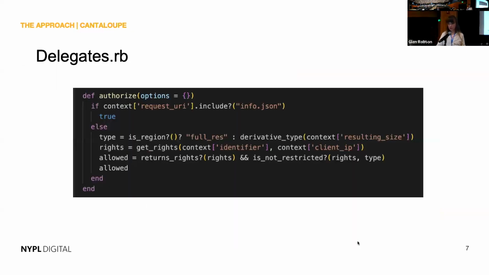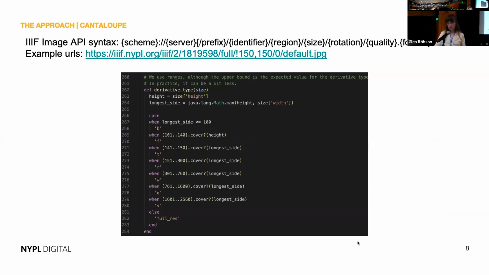We use this in our Cantaloupe server. There's a delegates file that has an authorized method that's called for all requests to the server, and it has a hash that gives us the image ID, the resulting size of the image, and the client IP of the request. And we determine what derivative is being requested by mapping the resulting size from the context hash to our existing derivative system.